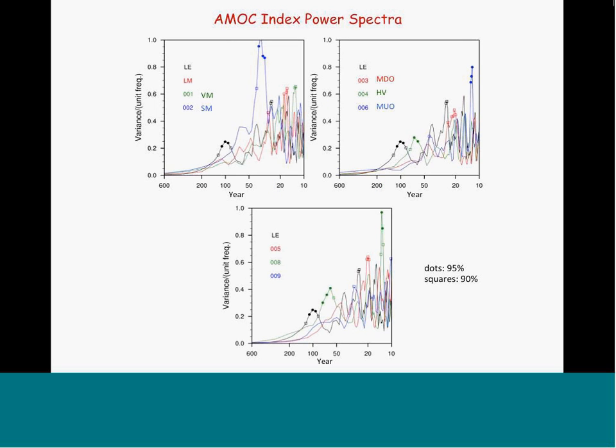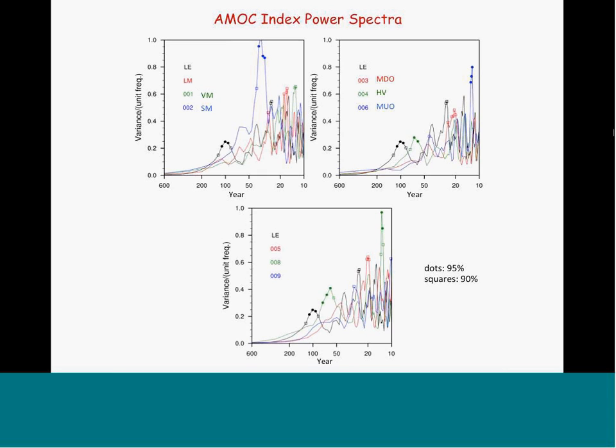And the AMOC index power spectra. What is shown here: the dots are the 95% confidence level, and the pairs are the 90% confidence level. I use sensitivity experiments in the top panel. The bottom panels show the impact of the initial atmospheric perturbations. The black is, in all the cases, the same. That's our 2200-year control.